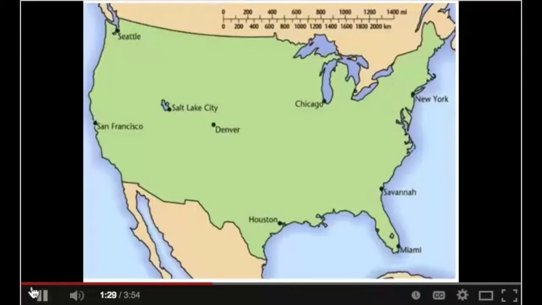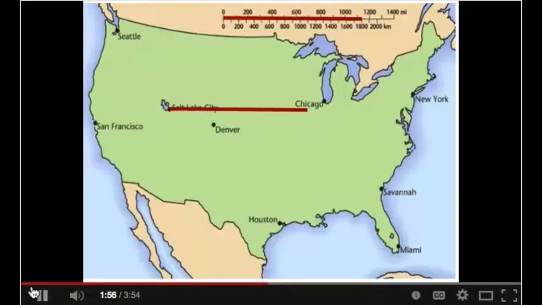So I go to my map right here. Now if you look right up here at the top of the map, there's a scale, and I'm going to measure out 1,800 kilometers. You see that? It's right there on the scale. Okay, that measures 1,800 kilometers. Now I'm going to take that line and I'm going to bring it down here to where Salt Lake City is.